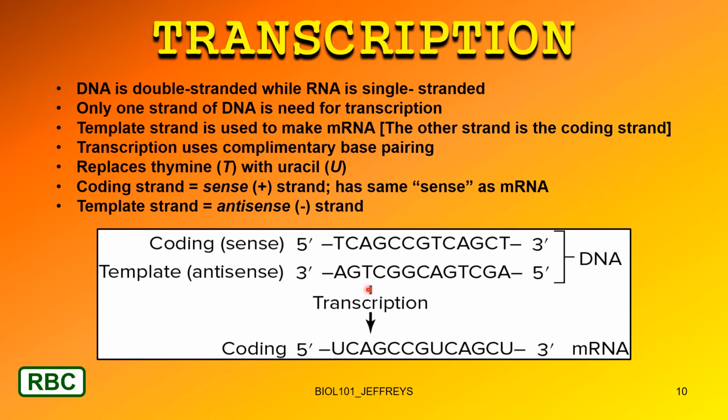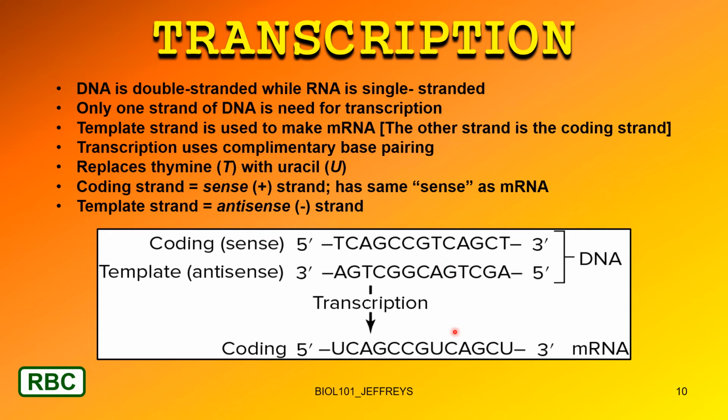Now normally that's going to pair with TCA, but we don't have any T's in RNA. So A pairs with U in RNA. G still pairs with C, T still pairs with A, C pairs with G, G pairs with C, G pairs with C, C pairs with G, A pairs with uracil, because we don't have any T's in RNA.